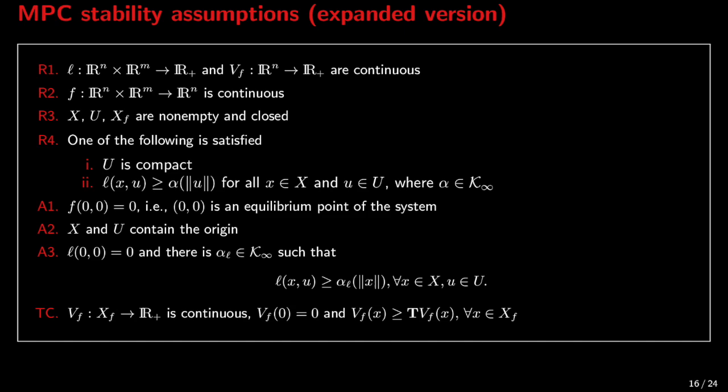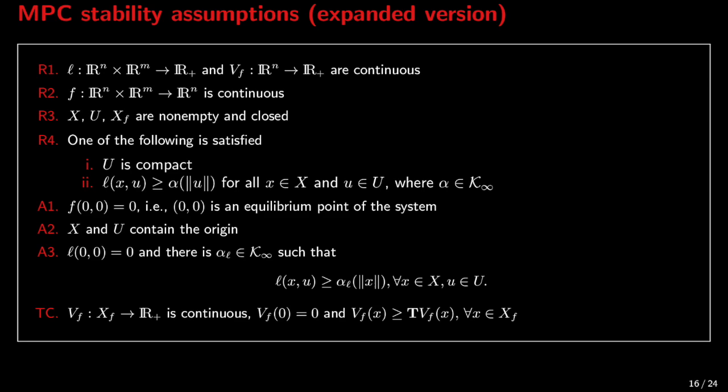Now then, the attractivity assumptions. First of all, the origin (0, 0) must be an equilibrium point of the system. Second, X and U must contain the origin. So the origin is a point where we can be; it is allowed, feasible, admissible.